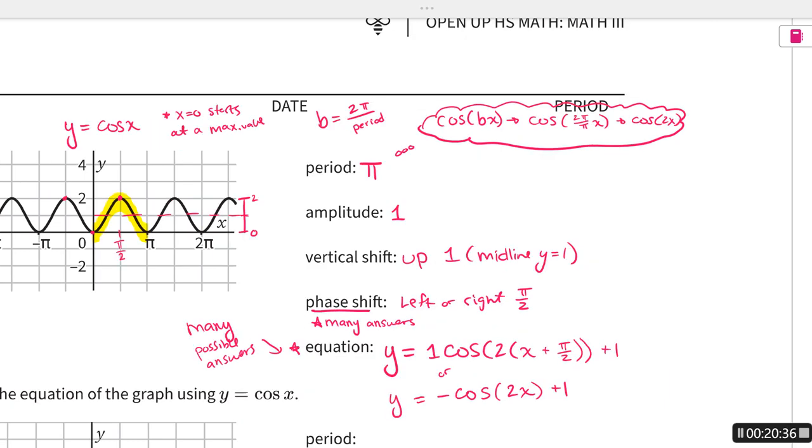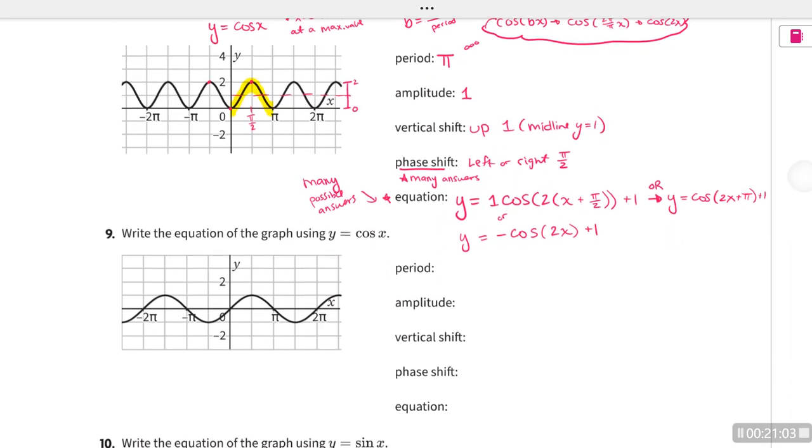And if I wanted to distribute the 2 here, I could just make this 2x plus pi, right? So if I don't like that double parentheses, I could distribute my 2 in if I want. So again, there's lots of ways that we could depict this.